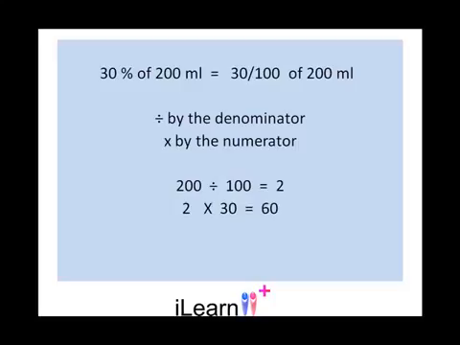The numerator is the number on top, 30. 2 multiplied by 30 equals 60. So 60 will be your answer. 30% of 200 milliliters equals 60 milliliters.